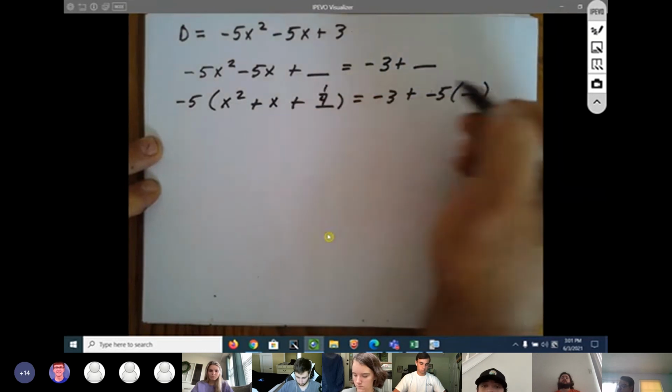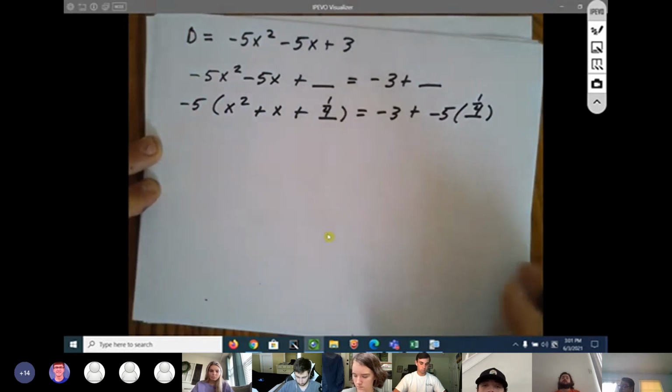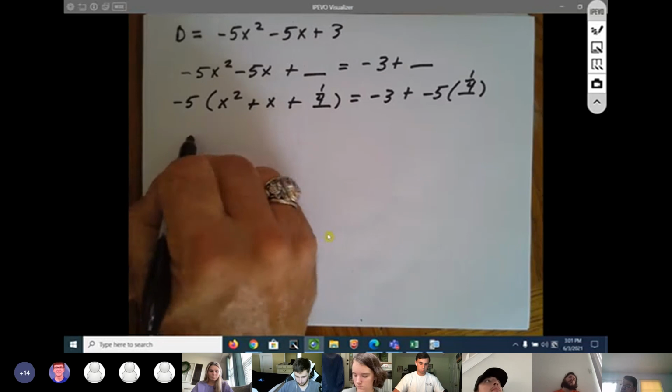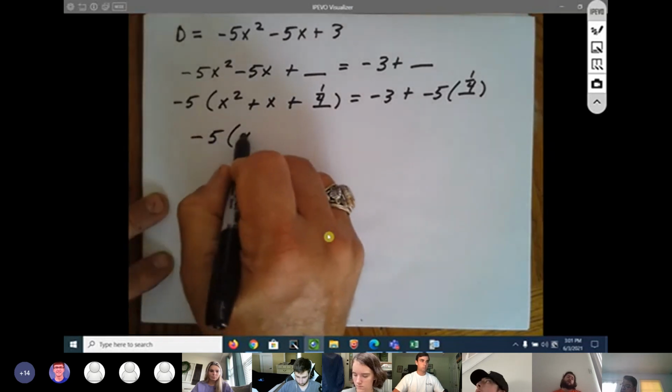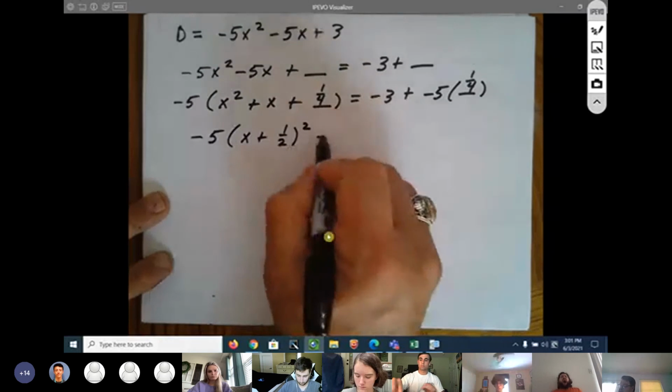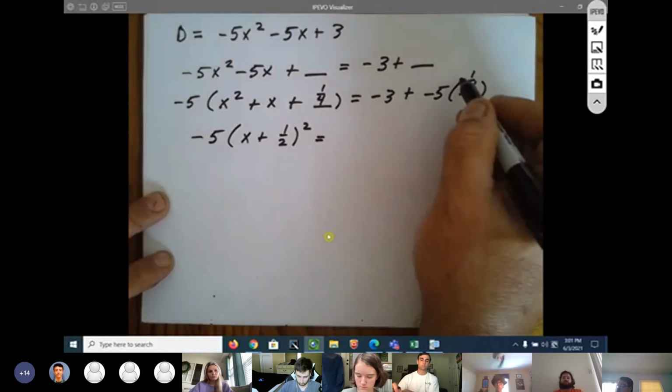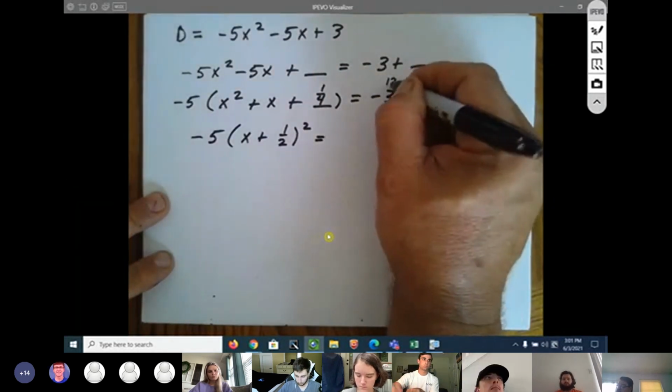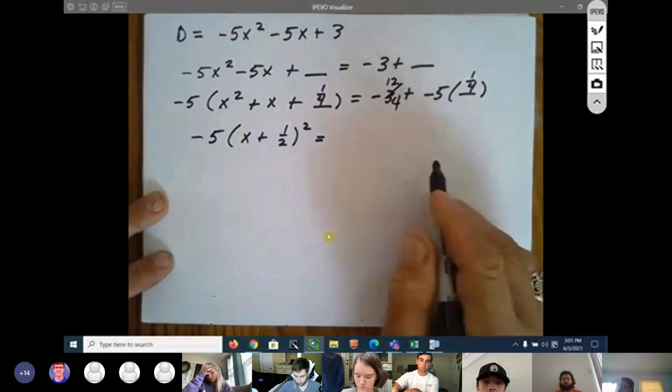So 1/4, and negative 5, x plus 1/2 quantity squared, is equal to 5/4, and negative 3 is negative 12/4. What is negative 12 and negative 5?